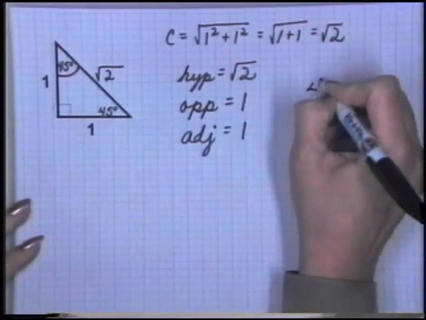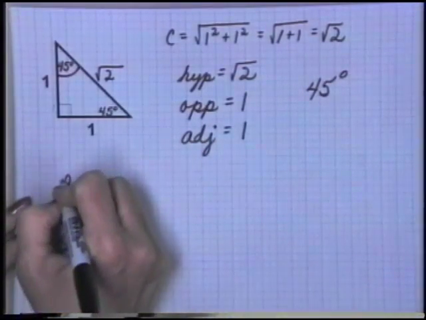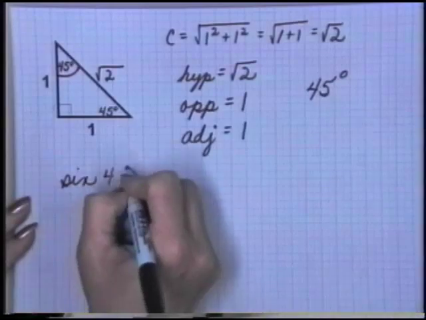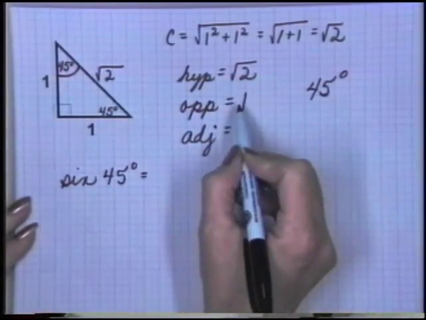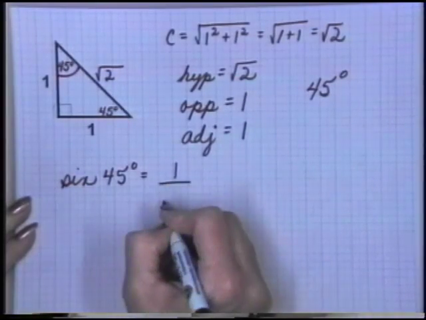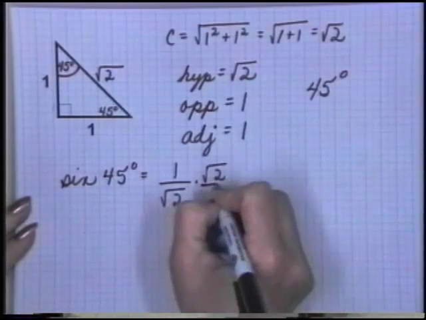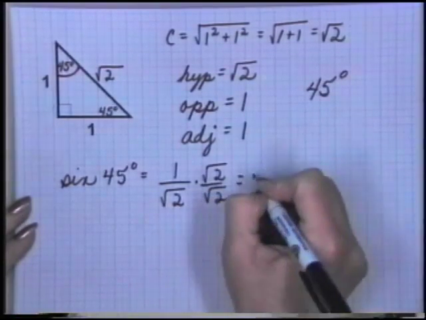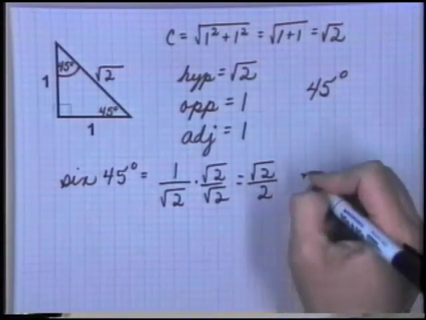Now, let's define our trig functions for 45 degrees. The sine of 45, we'll take the opposite and divide it by the hypotenuse. We'll rationalize, and we'll get the square root of 2 divided by 2.